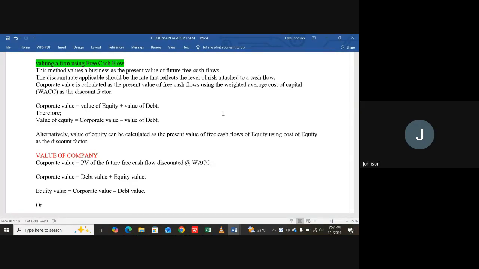If you do free cash flows to the total company, then both the equity holders and the debt holders are going to benefit from it, so use the weighted average cost of capital. However, if you do the free cash flows that belong only to the equity holders, then you have to discount it using the cost of equity. Are we together?